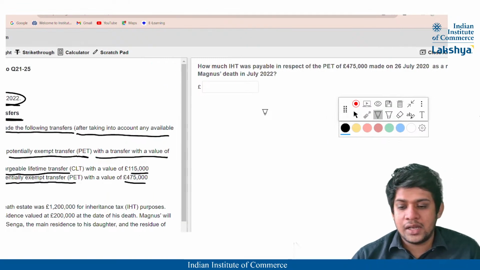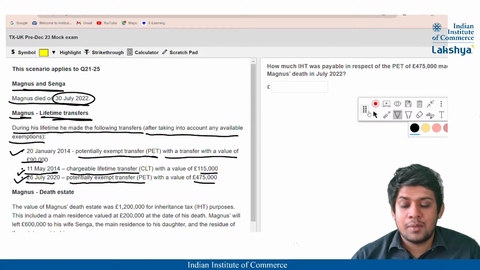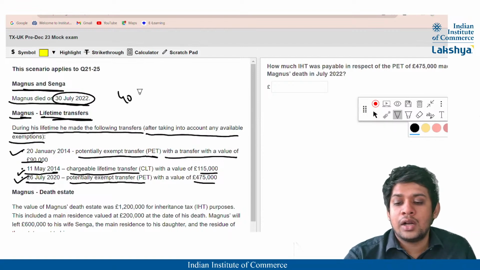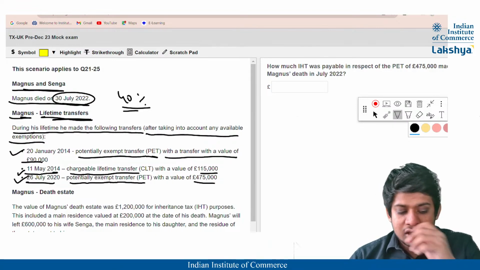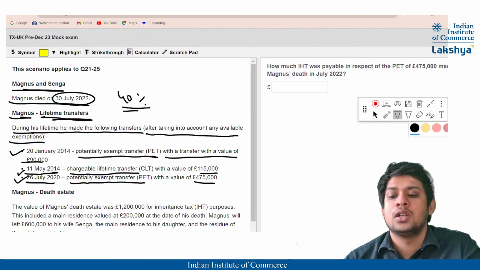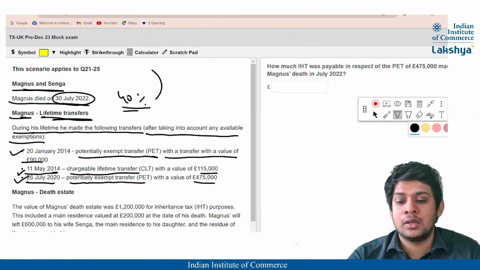So technically, guys, on death, the tax rate is 40%. Firstly, you have to take into consideration whatever you've transferred in the previous 7 years, as those will become taxable now.